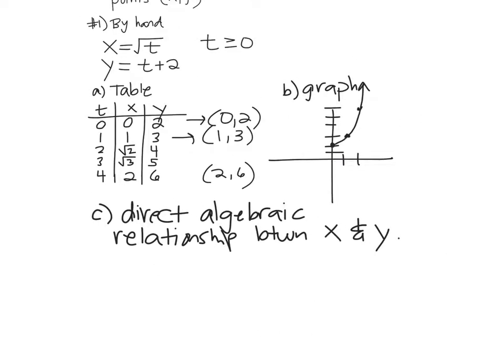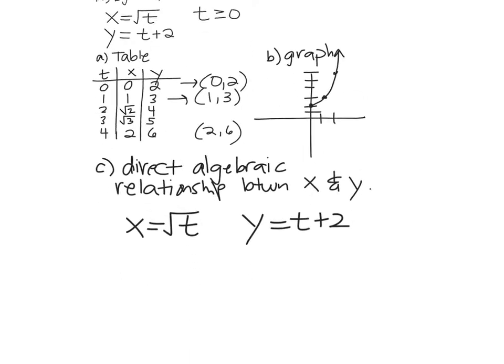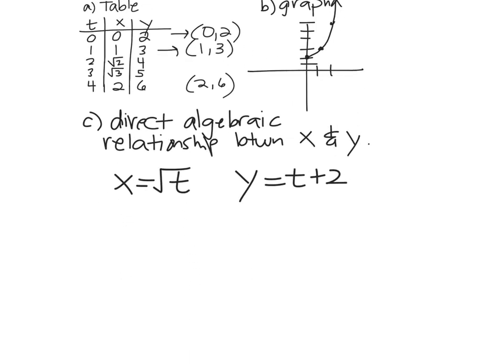That's what it's saying. So here's what you want to do. You can do this a couple of ways. One is you can, so we have x is the square root of t, and then we have y equals t plus 2. Now if you look at the graph and you can tell what that is, it's just a parabola shifted up 2 and it's just the right side of it. You can write an equation from there, or you can do some substitution down here. Okay? So here, let's go ahead and let's solve for t.